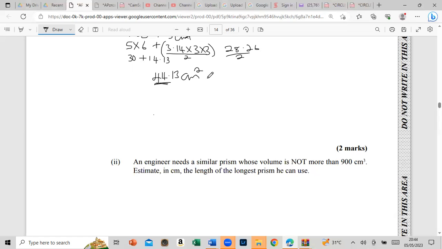Since we know the area for the cross section, all we have to do is say the volume divided by the area, and that will give us the length. It's not more than 900, so it can be 900, but not more. So I have to divide this by what we got for the area, which was 44.13.